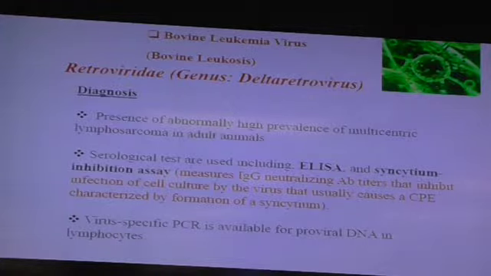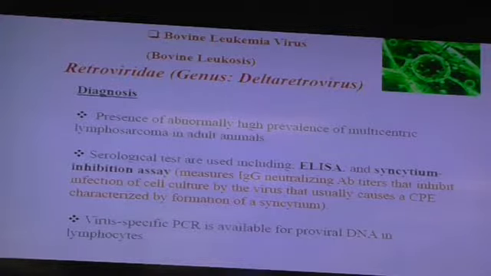So basically, this virus causes the appearance of syncytium, fusion of cells into a giant cell. That property has been exploited to test for antibodies against the virus in the patient. Those antibodies are incubated with the virus in cell culture.